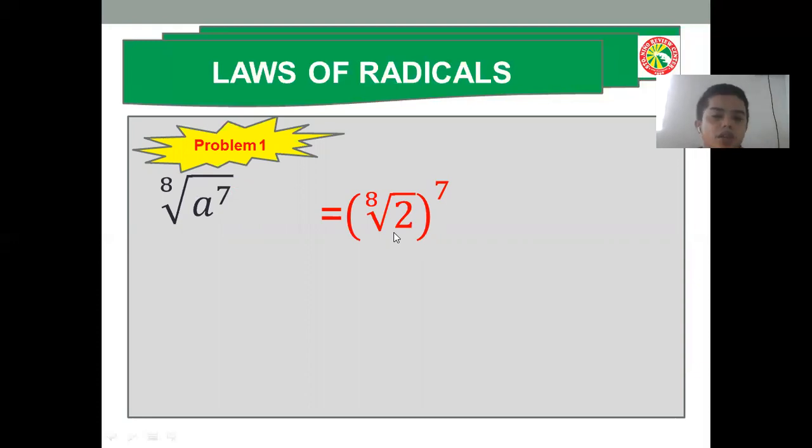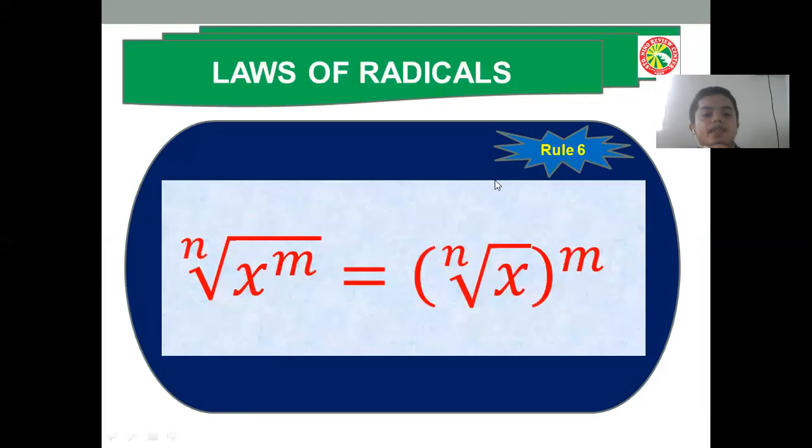Since the 8th root cannot be simplified or factored, that is the answer, the 8th root of a raised to 7. That is how to apply the rule number 6, which is the nth root of x to the m is equal to the nth root of x, raised to m.